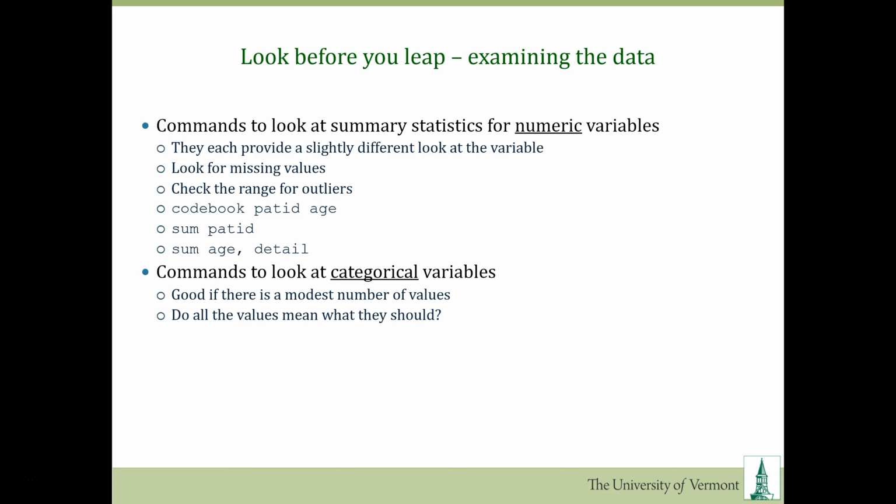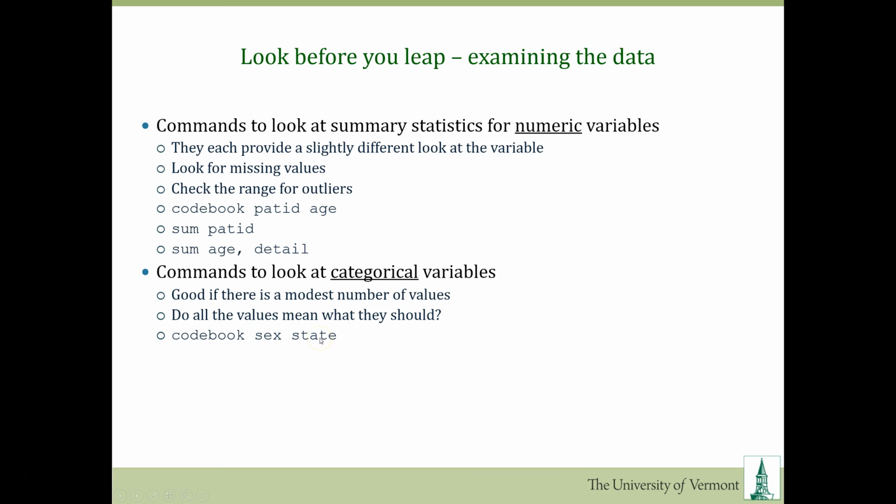But if your categorical variable is, say, zip codes or some other marker, voting districts, you're going to have a very long list of possible entries. The thing you want to do here is try and sort out if all the values mean what you think they mean. Do they mean what they should?